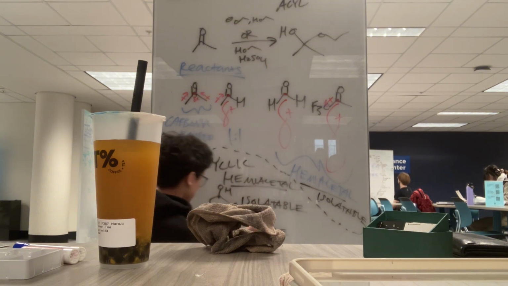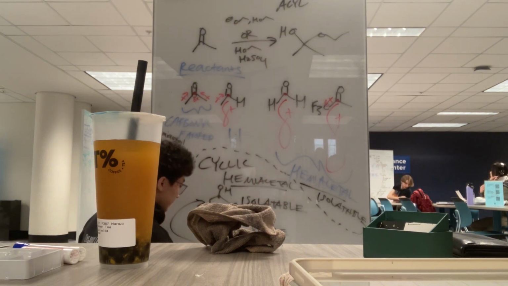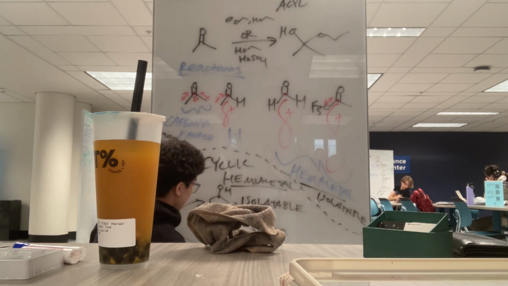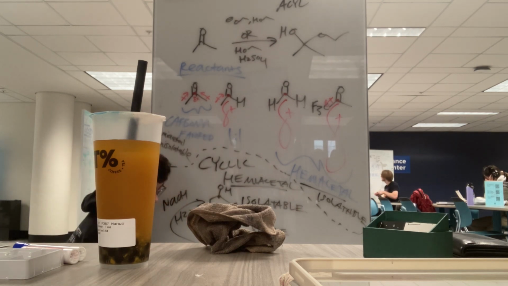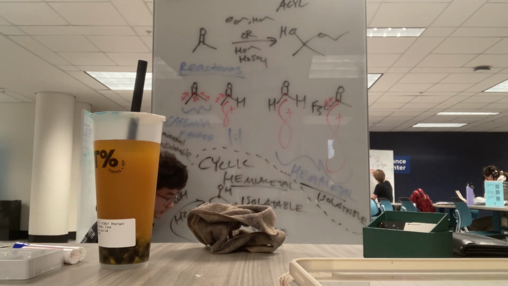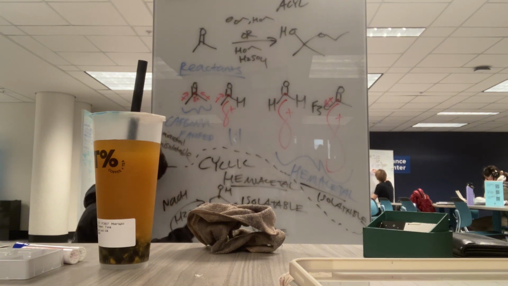An example that would create that is going to be that right there in, you can say, basic conditions, right? NaOH, H2O, which is going to deprotonate this alcohol to create the O minus, and the O minus would attack that carbon, push it up there, and it gets protonated to form this right there.